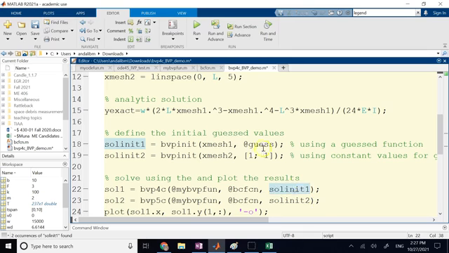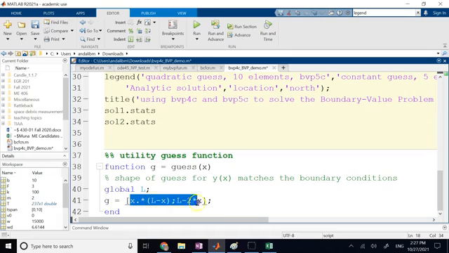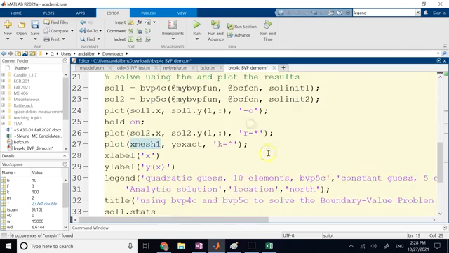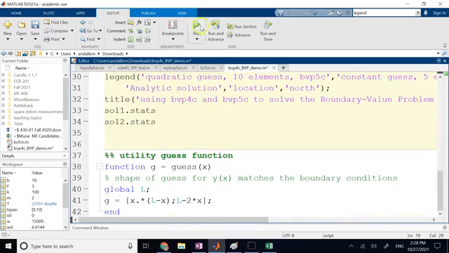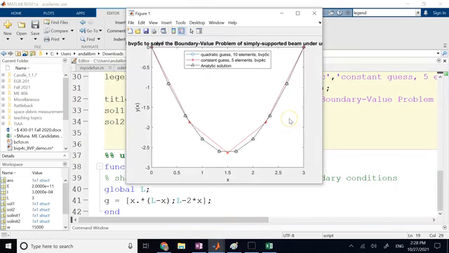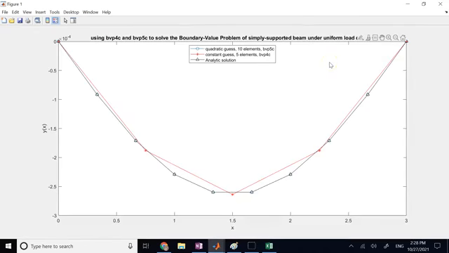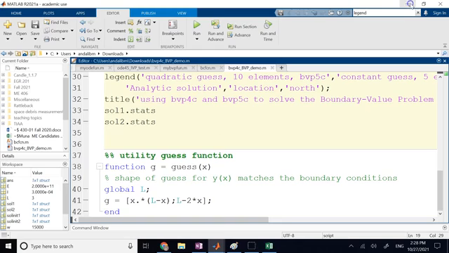So you see here, one time I used a function that depends on x, for both y and y prime. One time I just said I don't know and just passed it some constant numbers. None of them might be the actual solution. It doesn't matter. It just needs something to start with. And in both cases, you'll see when I run this, it is going to do a relatively good job.